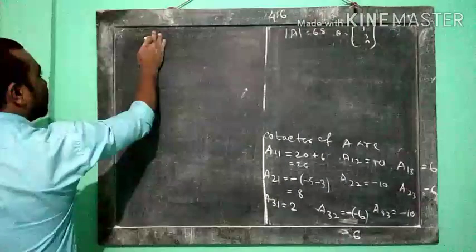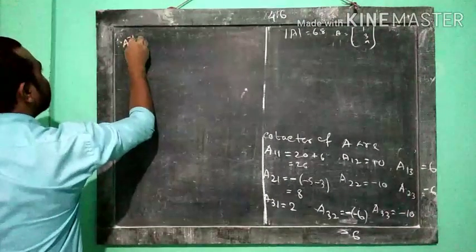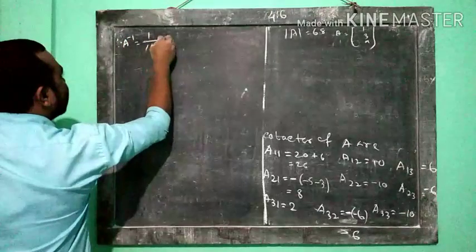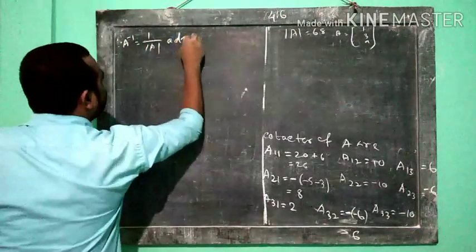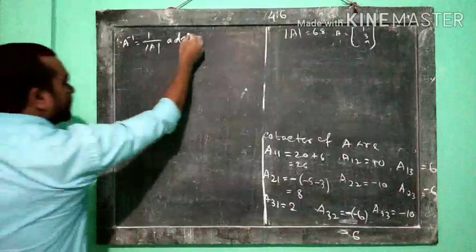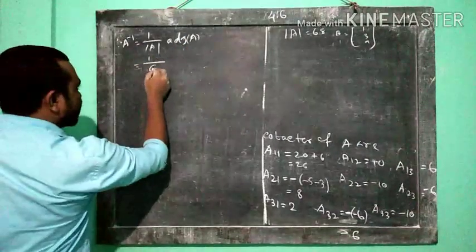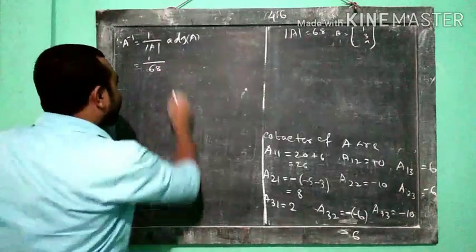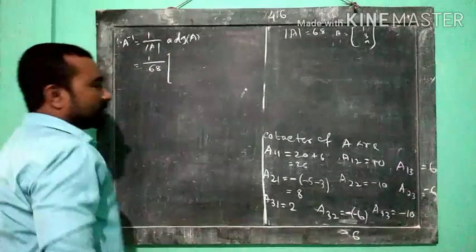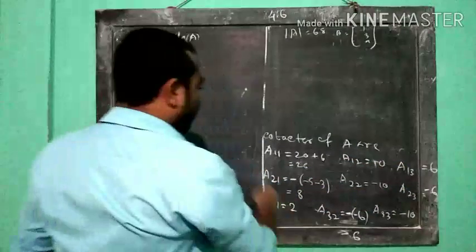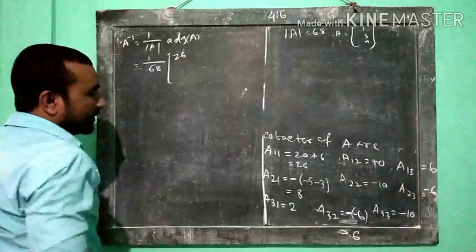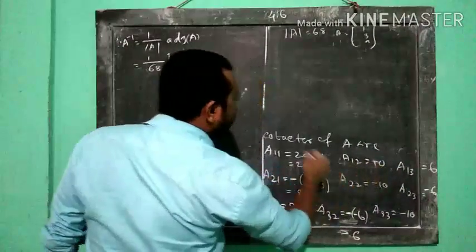Therefore A inverse equal to 1 by determinant of A into adjoint of A. So 1 by determinant of A is 1 by 68 into adjoint of A. Adjoint of A is what? This is adjoint of A. So this is 26, 10, 6.